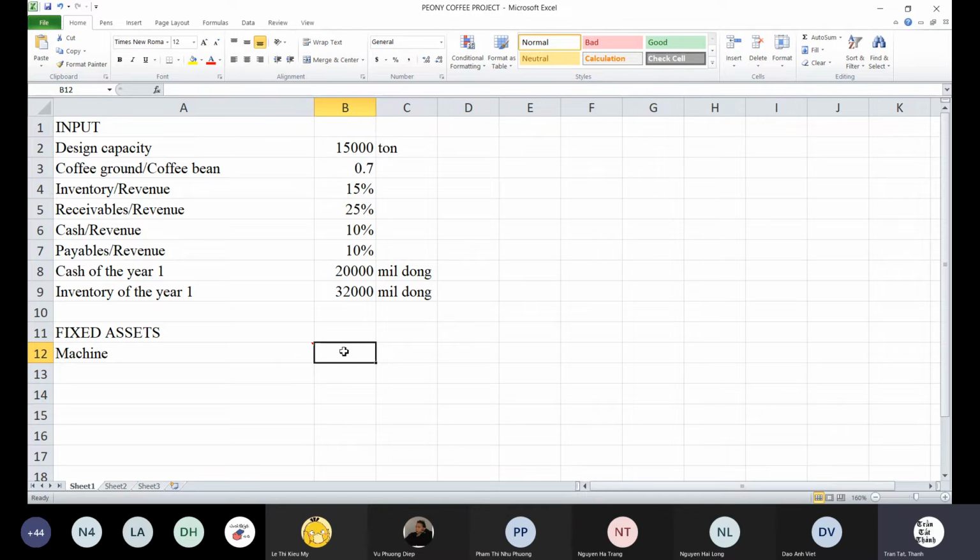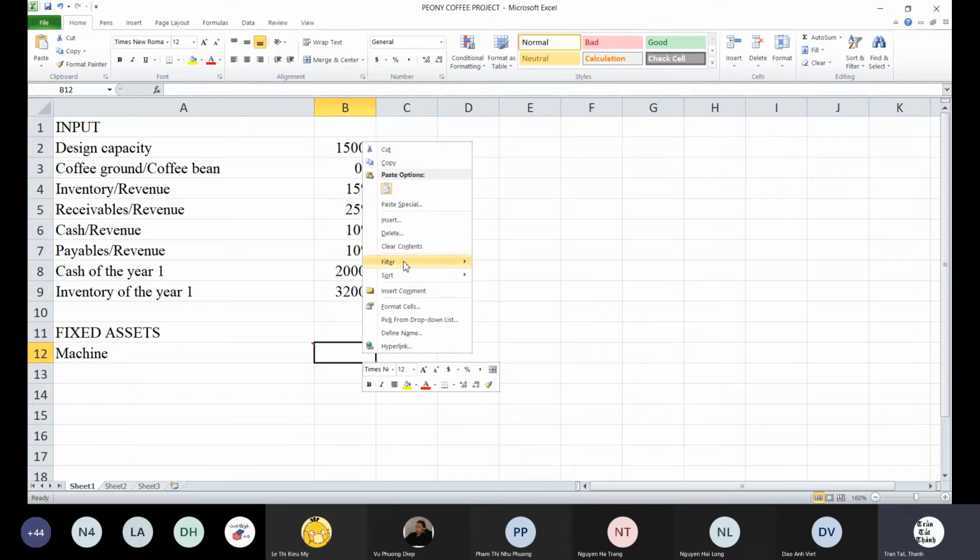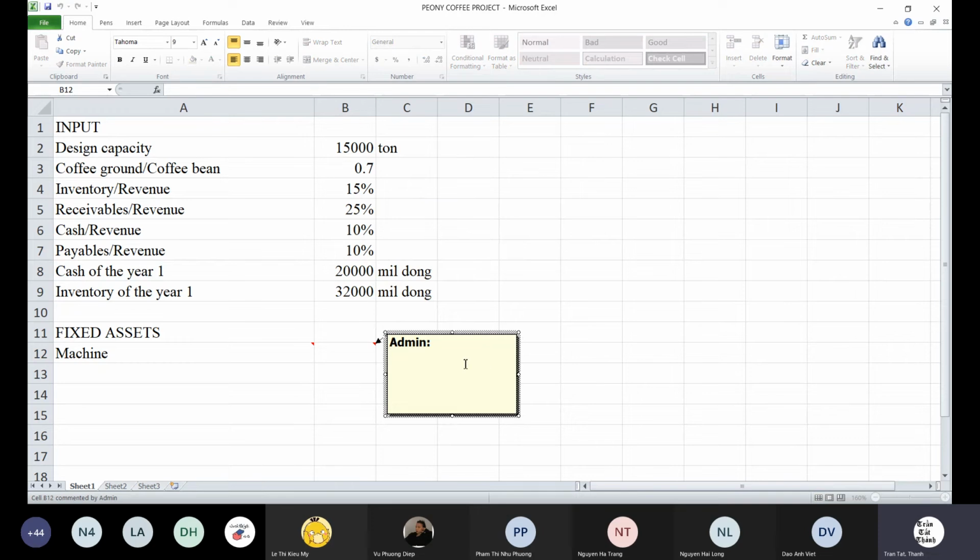Now let's continue to calculate this. How could you calculate that one? I'm going to insert another comment to help you understand it better.